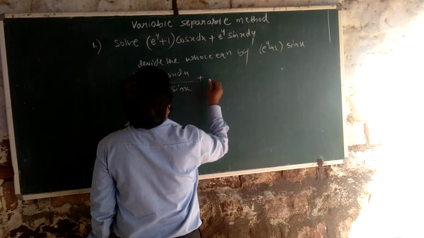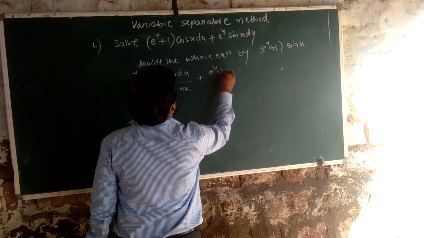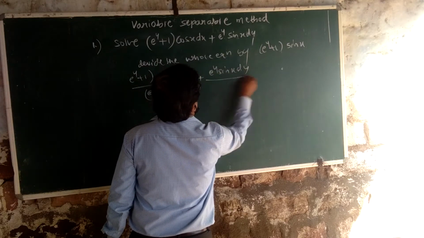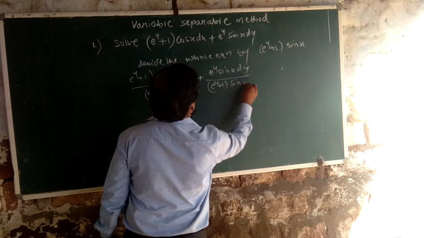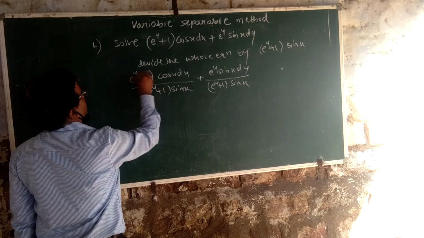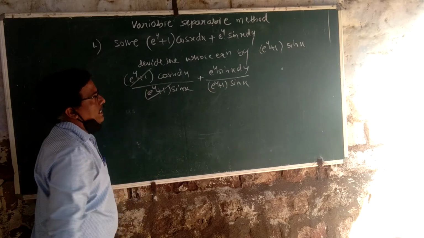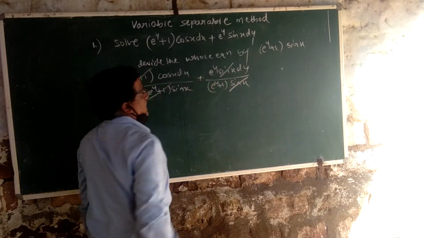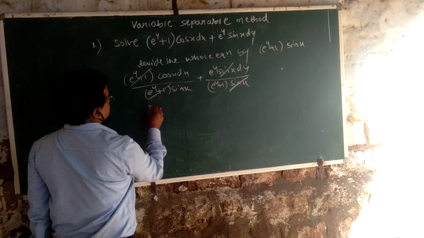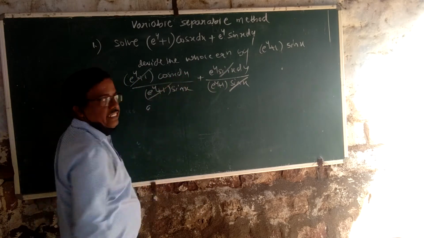Next, here e raised to y sin x dy, and here we divide again by the same thing, e raised to y plus 1 sin x. In this case e raised to y plus 1 gets cancelled, and here sin x and sin x get cancelled. So it becomes cos x by sin x dx.